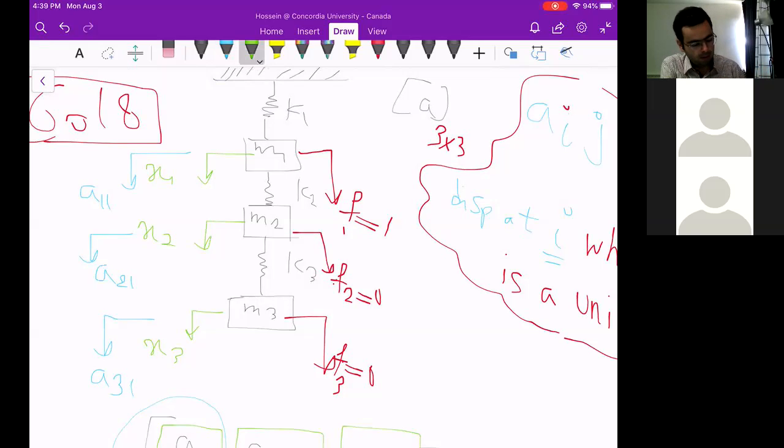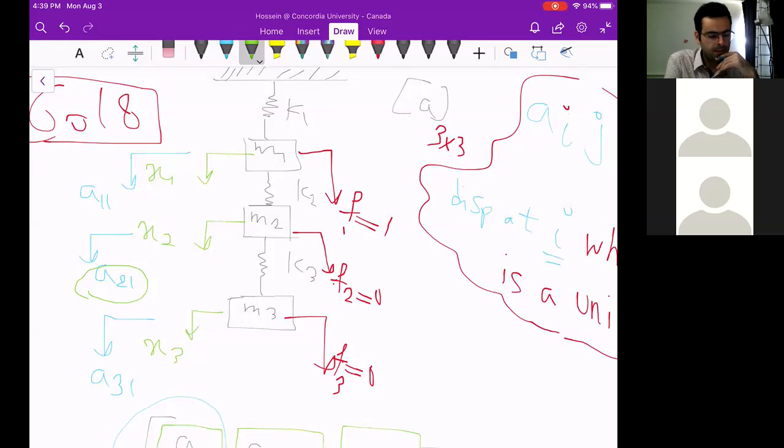So if I say A23, that is displacement at mass 2 due to force applied at mass 3. Exactly.